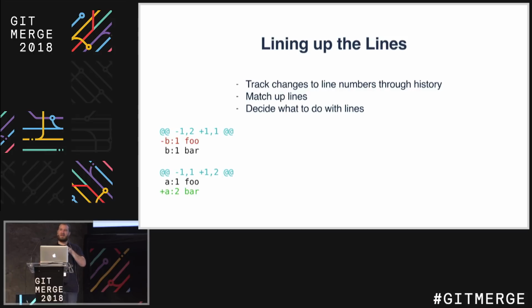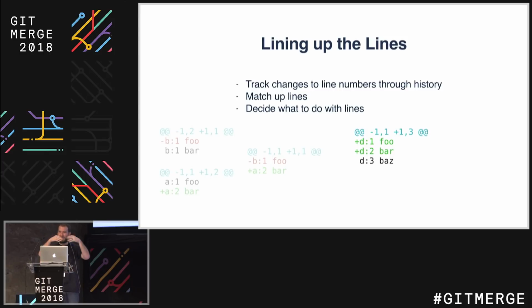And it's annotated as B1 bar, meaning it goes to line 1 in commit B. But just by parsing that hunk, we know that it's actually from line 2 as well. And so we track all the line numbers we possibly can for this. And from line 2 matches up directly with to line 2 in that next change. So we're like, oh, that actually matches up nicely, and we know how to combine those.